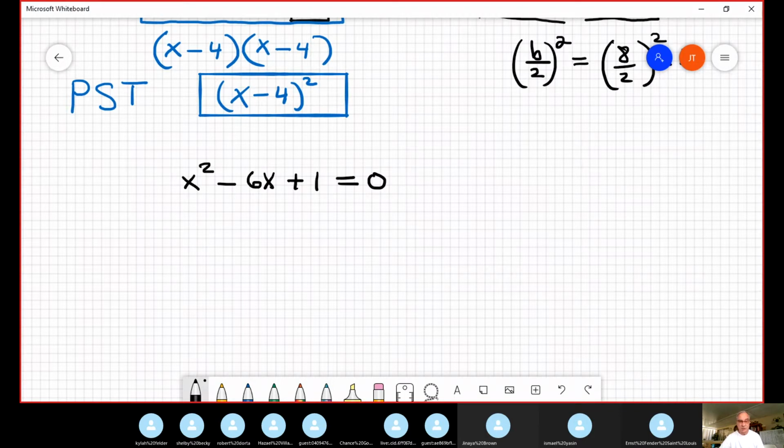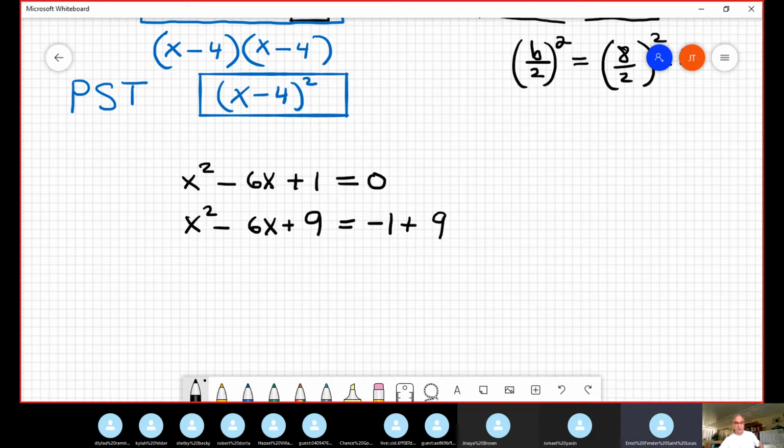The manipulation is you bring down this, you move this one to the right hand side, and you introduce artificially here plus the magic number that completes the square. In this case, what is the magic number? Help me. It's 9. Very well.